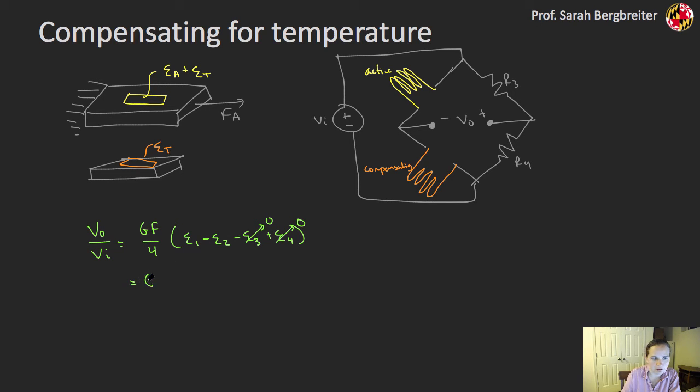And so now I'm left with strain 1, which is my epsilon A plus epsilon T, so we'll write that in there, and then minus my epsilon 2, which is just measuring that equivalent strain due to a temperature change. So you can see now how these are going to cancel, and I'll just be left with my axial strain.